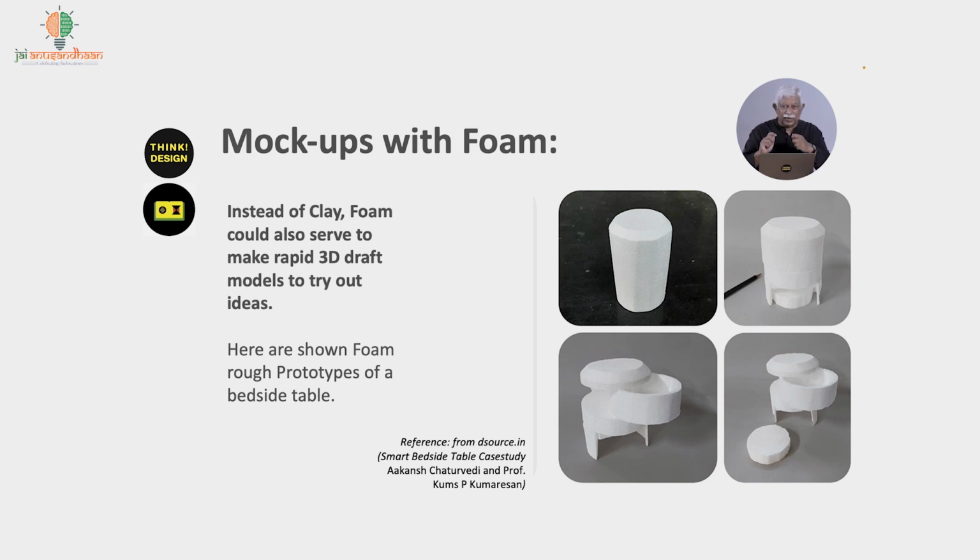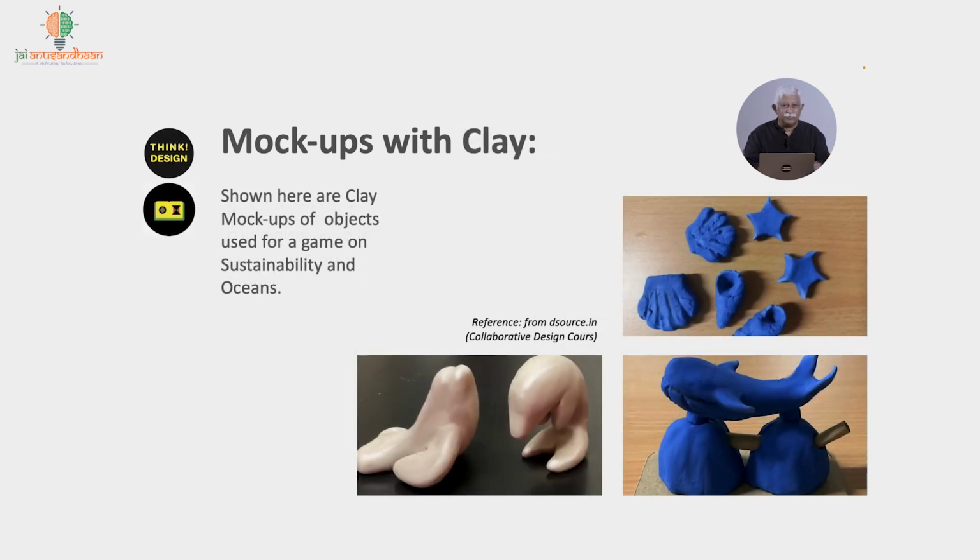Okay, and you can make rough models with that. Okay, easy to work on it. So you can see here, these are all 3D draft versions for a side table. You can see different ideas, circular, one on top of another, some that is flexible. Yeah, so again, extremely good for doing this.